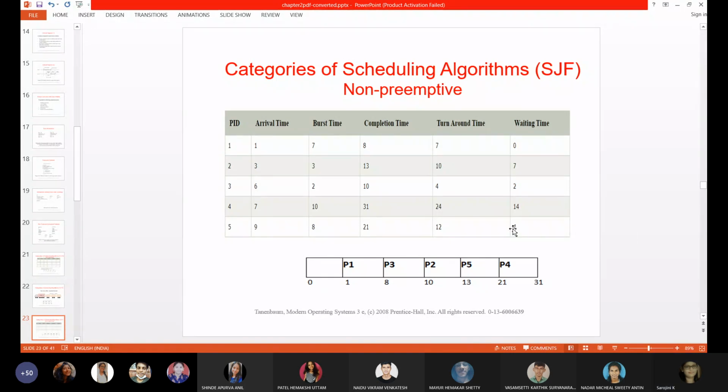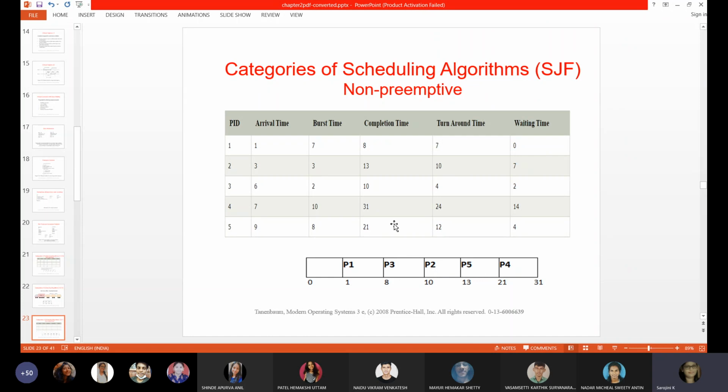Now after you have drawn the complete Gantt chart, you have yet to complete the calculation of completion time, turnaround time, and waiting time. How will you calculate the completion time? Just by seeing the Gantt chart itself. Write sequentially always; don't go according to the scheduling sequence.